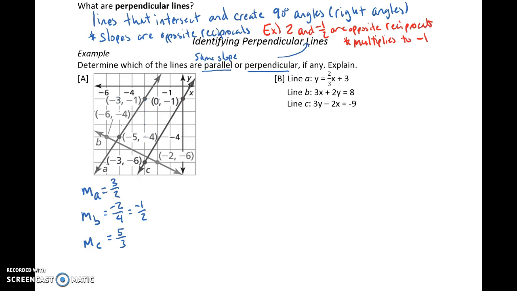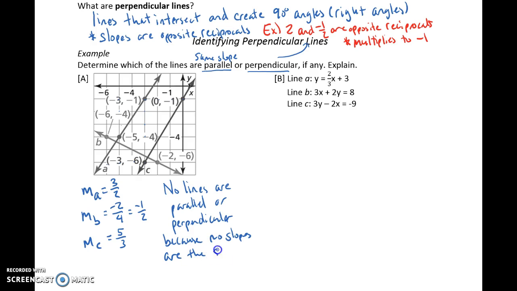They're all just different, no special relationship, so no lines are parallel or perpendicular. And then you want to make sure you explain why. So we're going to say because no slopes are the same or opposite reciprocals.